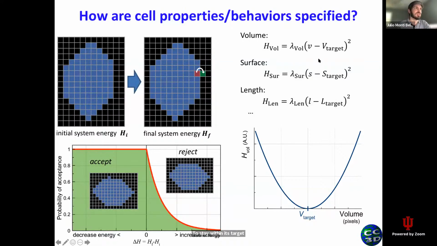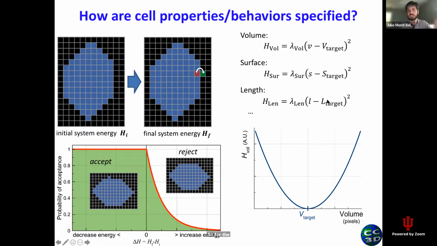Okay, so a stronger lambda means the cells will not like to deviate much. If you make this lambda parameter smaller, then the cells are more malleable. You can change their volume more easily. Okay, and then the same thing that you do with the volume, you can also add to the surface of the cell, or the perimeter of the cell if you have a two-dimensional simulation.